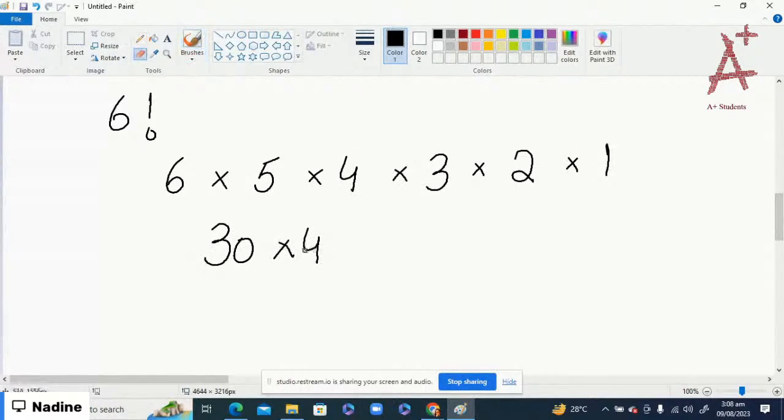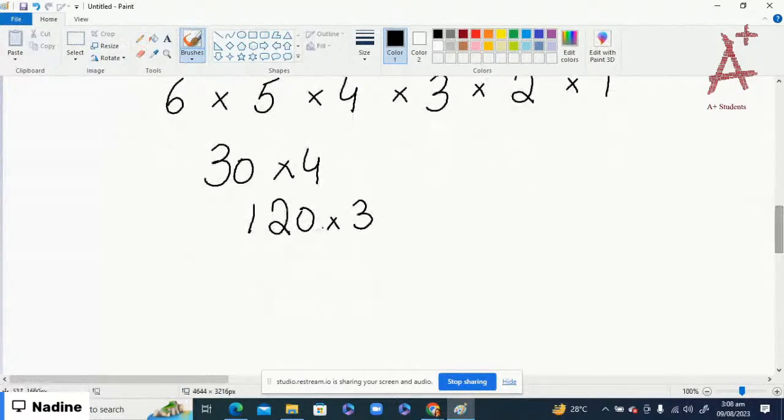Good. It's 120. Well done. Now let's multiply 120 with 3. Okay, one by one we're gonna multiply all those numbers. So when you multiply 100 with 20, the answer is 360. Now multiply with 2.